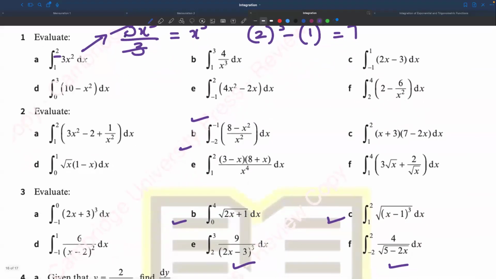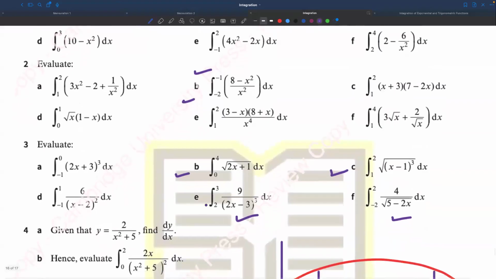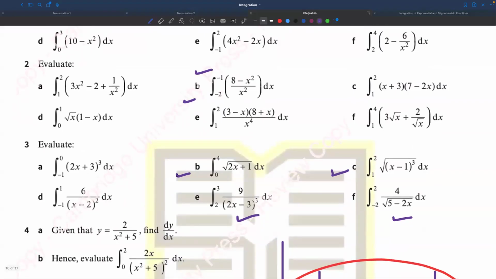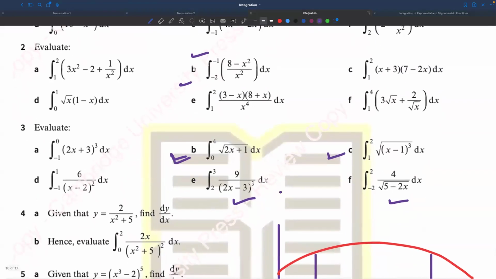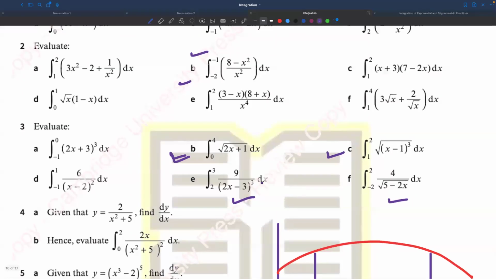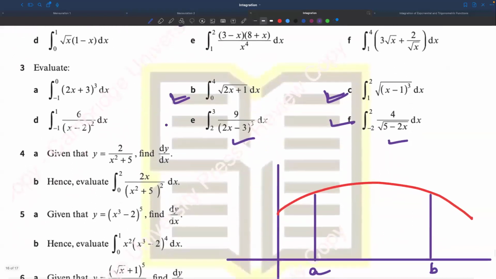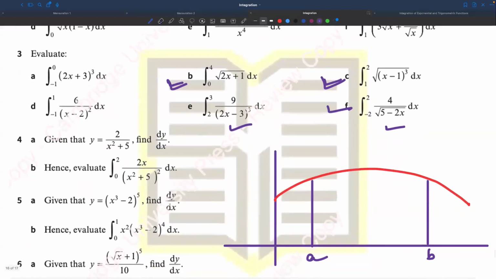Okay, so let's wind up the class with a couple of questions, and I would prefer you people to do question number 3B, C, and F from question number 3. Integrate, put in the limits, 4 and 0, subtract them, and that will be your final answer.